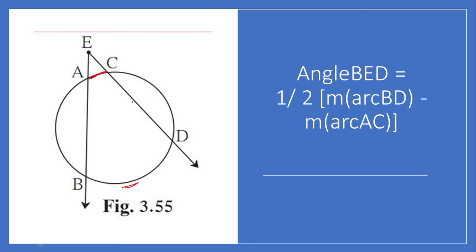Here we take half of arc BD minus half of arc AC, and that will be the value of angle BED. Suppose this arc is 60 and this is 20. Then angle BED will be 60 minus 20, that is 40 degrees. So this is also important.